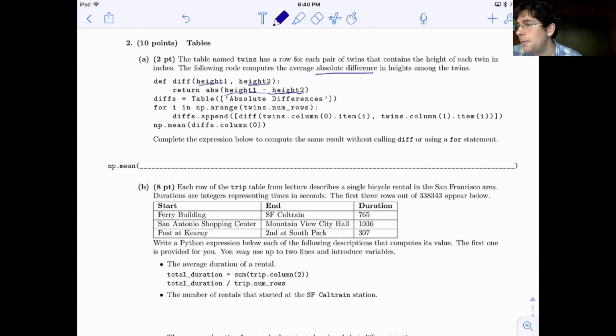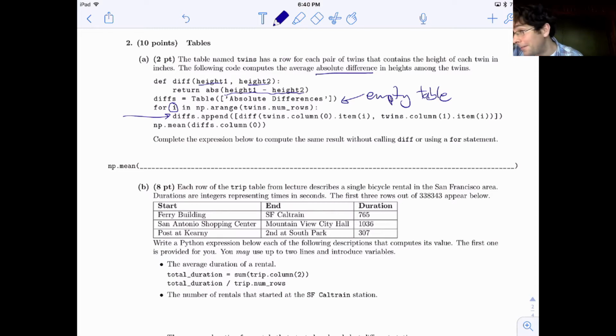Diffs is a table with only one column called absolute differences. And the way that this table is filled up, okay, so this creates an empty table. And then what's going to happen next is we'll append rows to that table. So we're going to go through for every I, starting at 0, going all the way up to twins.numRows. So that's the number of rows in the twins table.